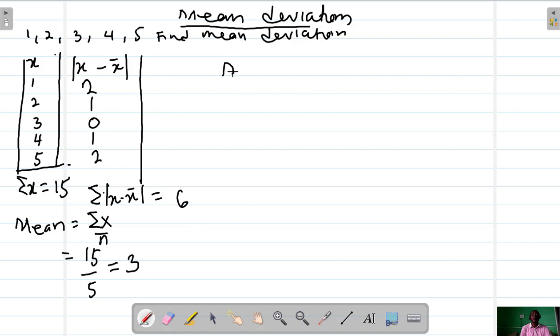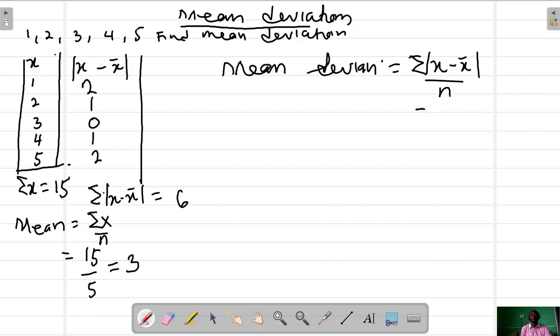So therefore, our mean deviation will be equal to sigma x minus x bar absolute over n. So it will be 6 over 5, which will give us 1.2.